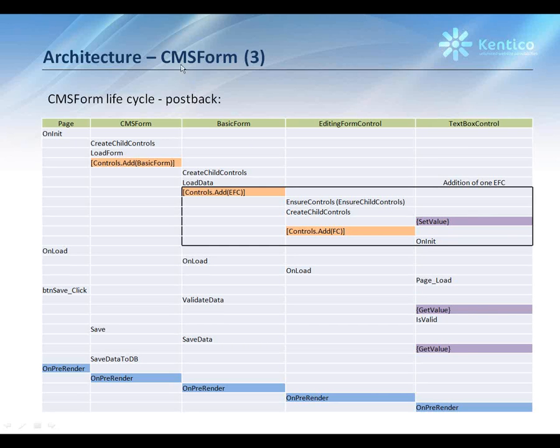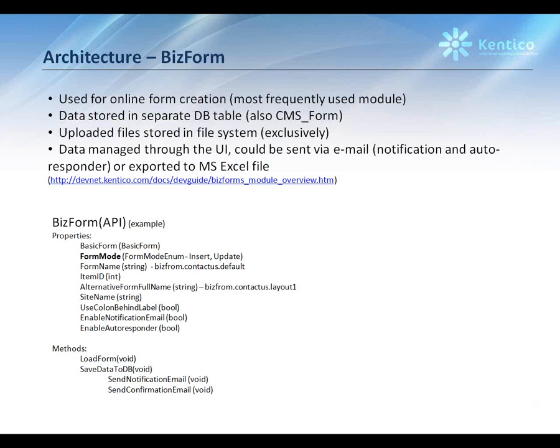Of course, the behavior or lifecycle for each of the controls, like CMSForm, DataForm, custom table form, are different, but we'll try to unify these life cycles in an upcoming version, so that you can be sure that once a custom form control is developed, it will work the same way in all of the parent controls like CMSForm is.